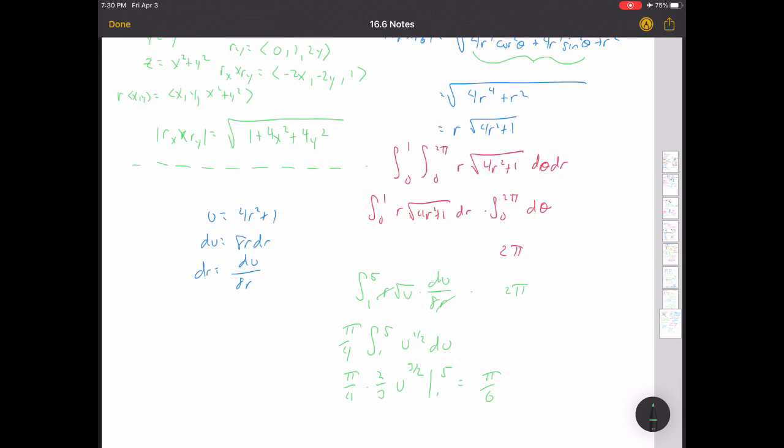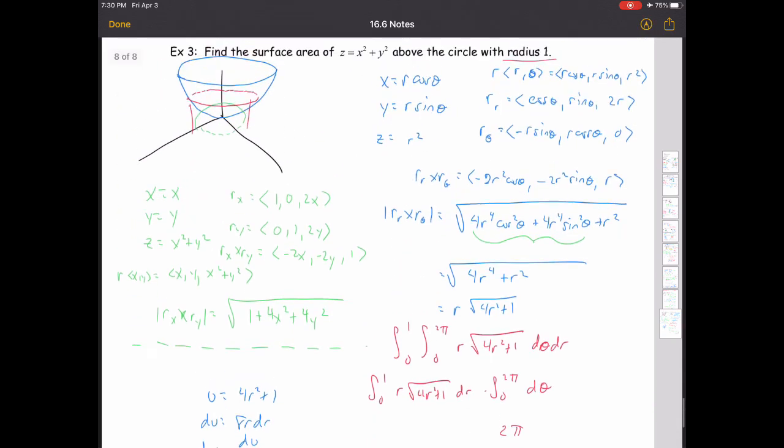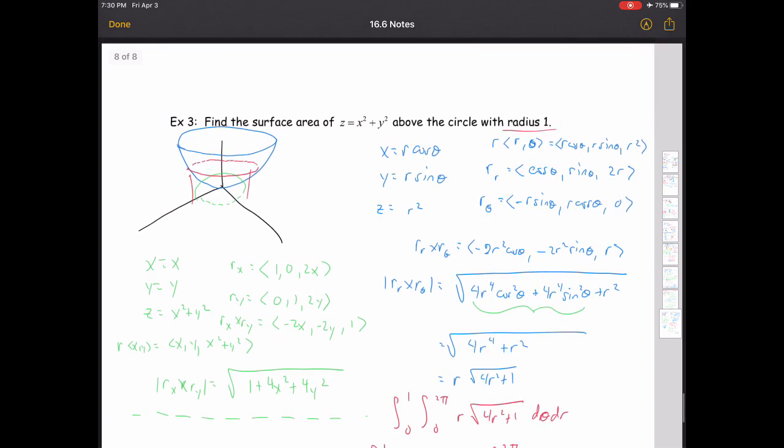Plugging in 5 and plugging in 1, we're going to get 5 to the 3/2 minus 1. Okay, that is not a pretty answer, but that is the surface area of z equals x squared plus y squared that is only within the domain of the disk of radius 1.